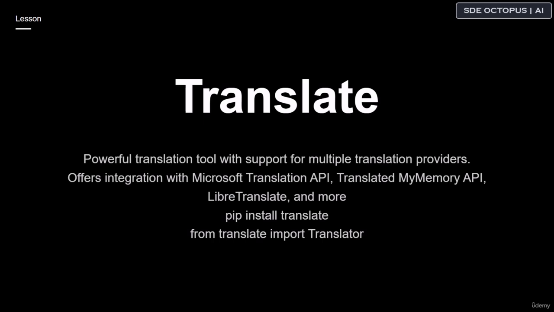And that library offers integration with Microsoft Translation API, Translated My Memory API, Library Translation, and many more. This Translate library offers integration with many translation providers in addition to that.